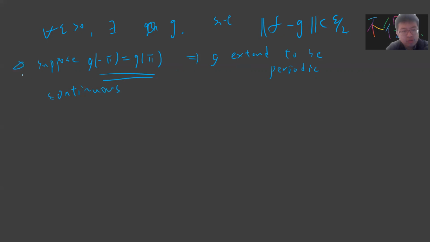Now we need to use a previous theorem, the Stone-Weierstrass. The Stone-Weierstrass theorem states that for a continuous function on a compact set, or basically a periodic function, you can find a trigonometric function arbitrarily close to it.